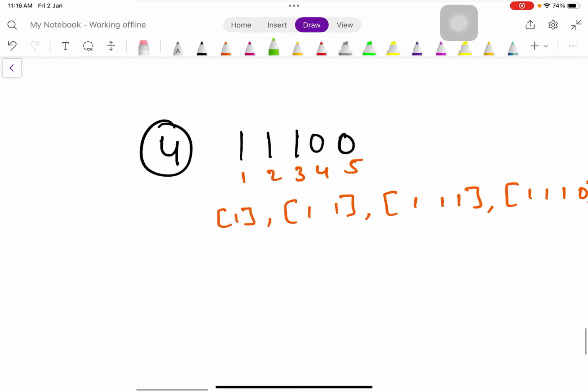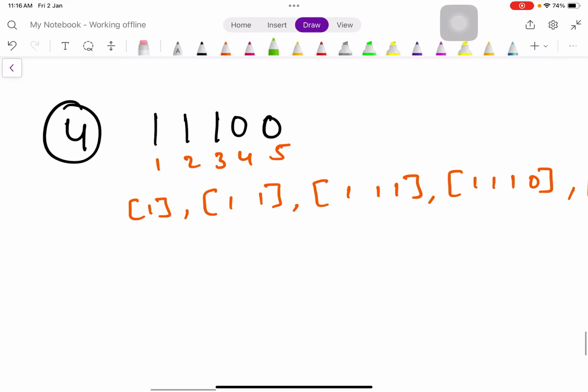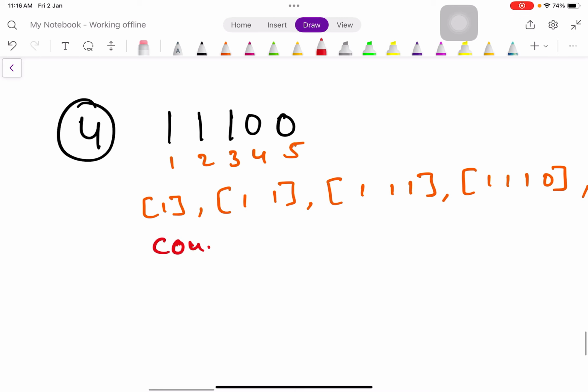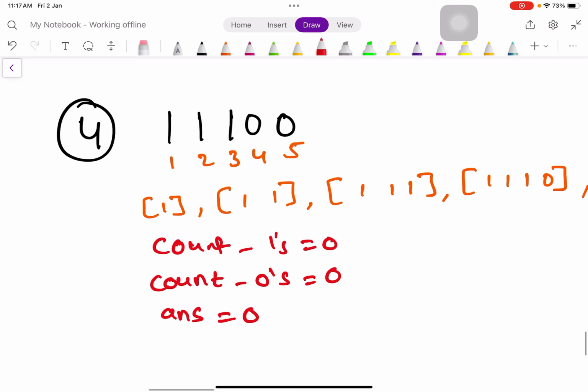Let's understand this with one last example. In this test case also, the count of ones will be 0, the count of zeros will be 0, and our answer is also 0 initially. 1 will come, increment this, 1 is greater than or equal to 0, yes, the answer will be 1.